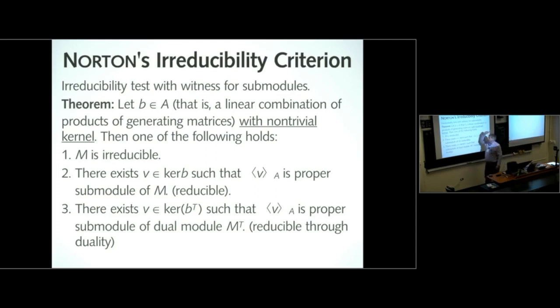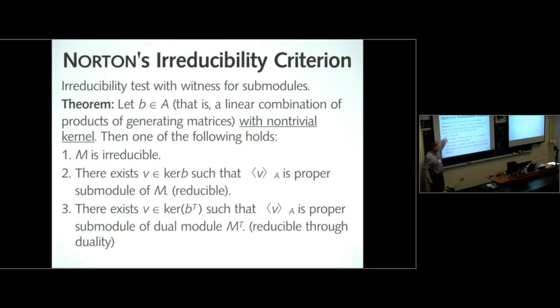So it says, pick an element in your matrix algebra which has a non-trivial kernel. Such elements clearly exist. For example, the zero element. In practice, we will not want to use the zero element, but for the proof that's the existence of such elements. So, such an element will be a linear combination of products of the generating matrices. Well, and now the theorem says one of the following things must hold.